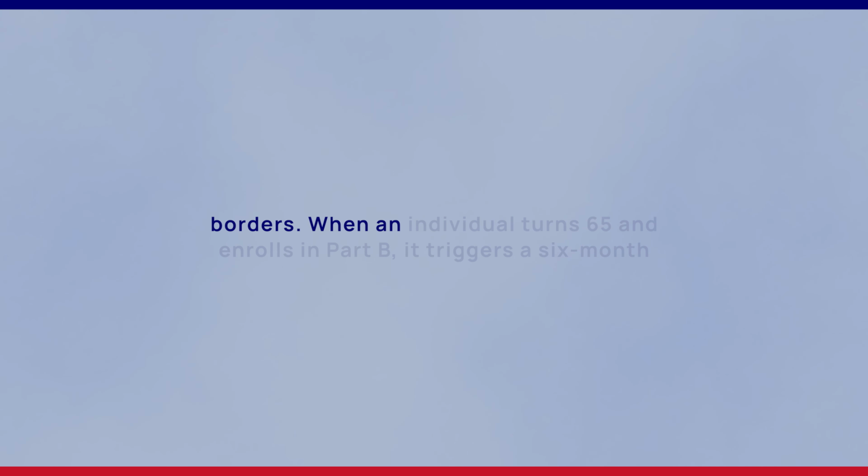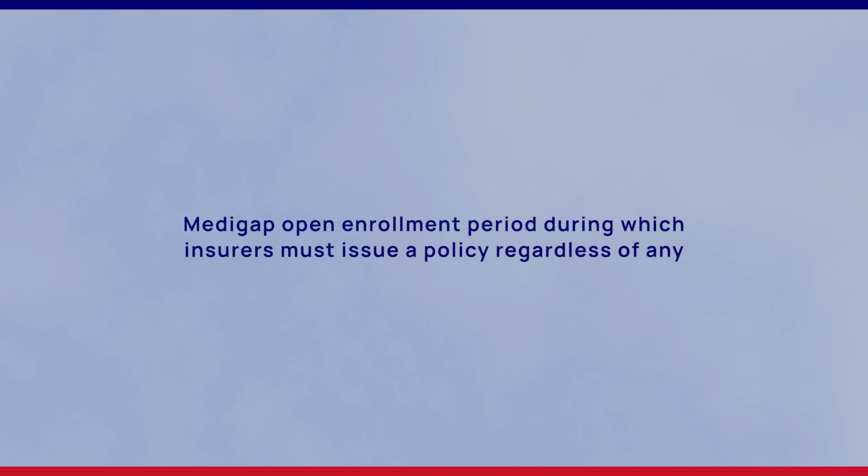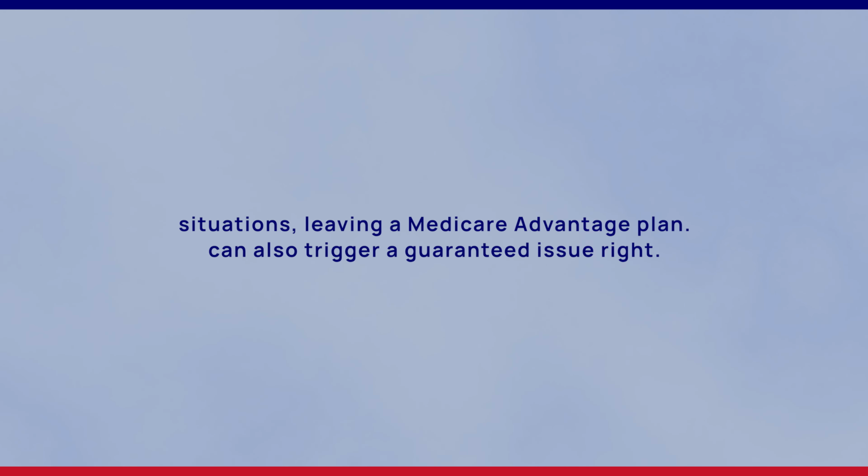When an individual turns 65 and enrolls in Part B, it triggers a 6-month Medigap open enrollment period, during which insurers must issue a policy regardless of any pre-existing conditions. This is known as a guaranteed issue right. In certain limited situations, leaving a Medicare Advantage plan can also trigger a guaranteed issue right.